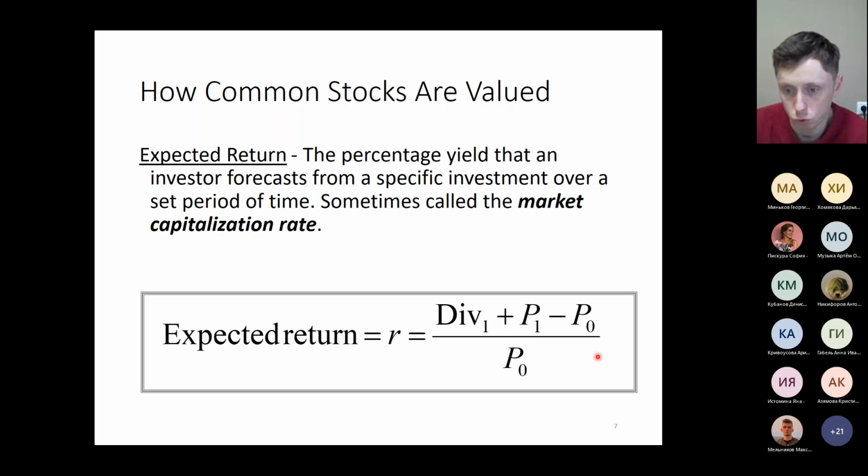This is basically the same formula we had for the bond, except that here we have a dividend and there we had a coupon. The dividend divided by the initial price of the stock is called the dividend yield. The change in price divided by the initial price of the stock is called the capital gain.